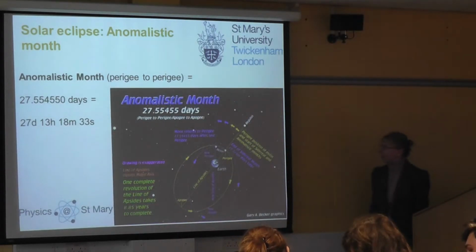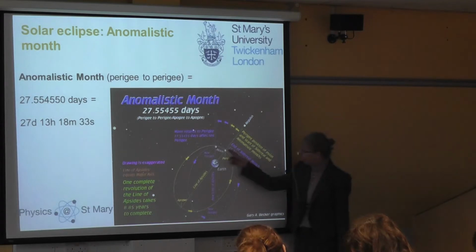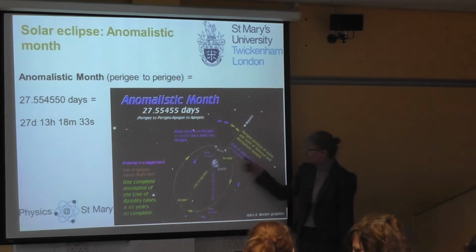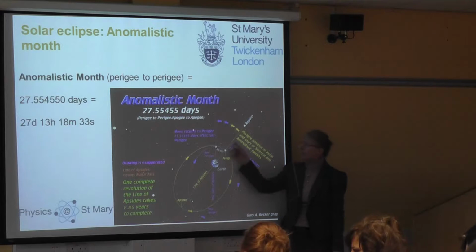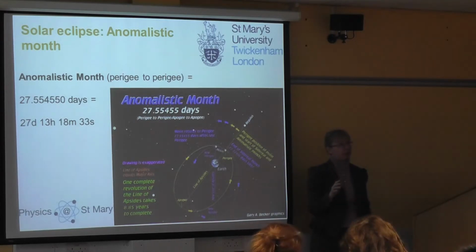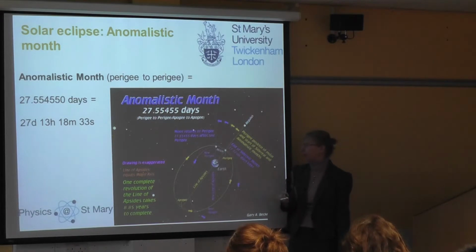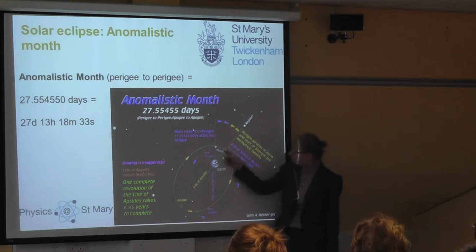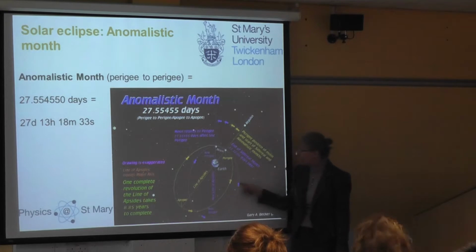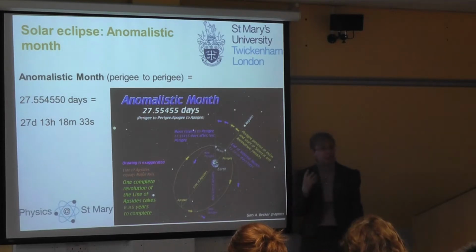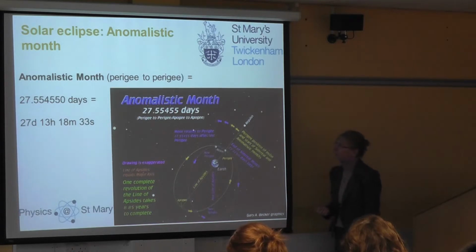The perigee is the closest point at which the moon can be to the Earth. So it goes from here, then the moon comes back to the perigee. So this is the second type of month that we can have.